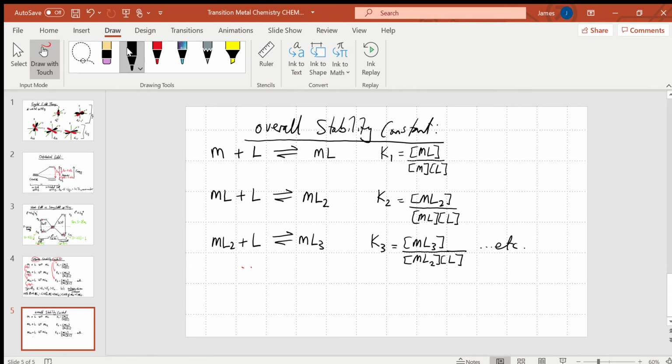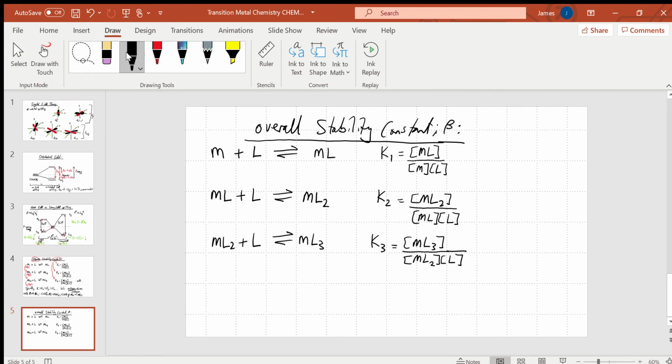So let's say this is our final product, this K3. Okay, so if K3 is our final product, then we can write the overall stability constant beta.